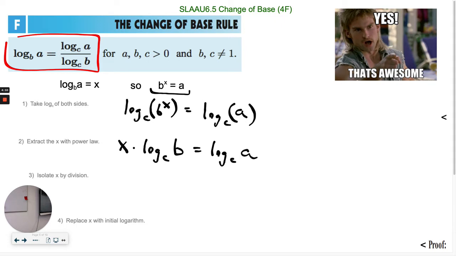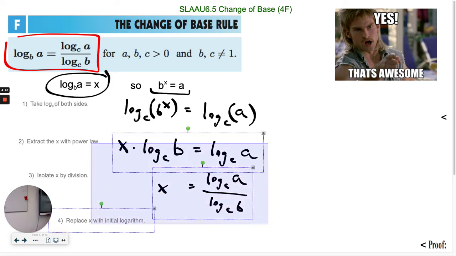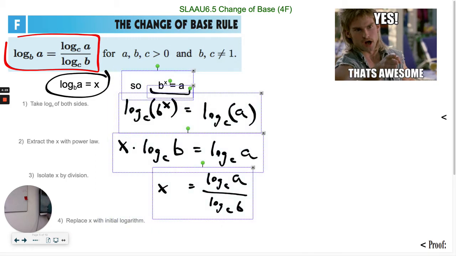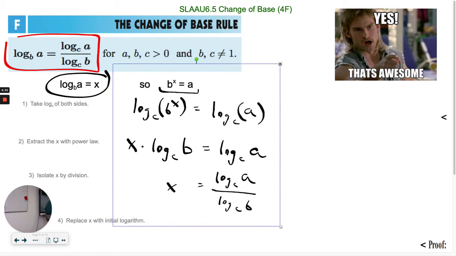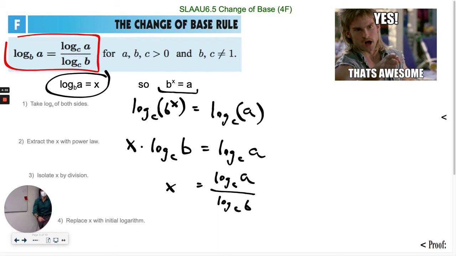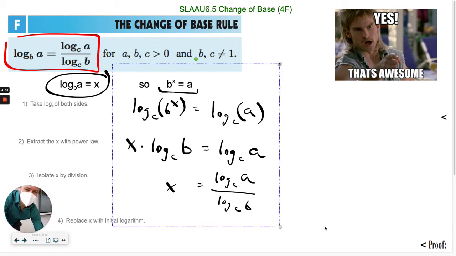Divide off that log C of B. It's kind of nice. And then we just switch out x for what x was in the beginning, which is log B of A. Driving it manually.